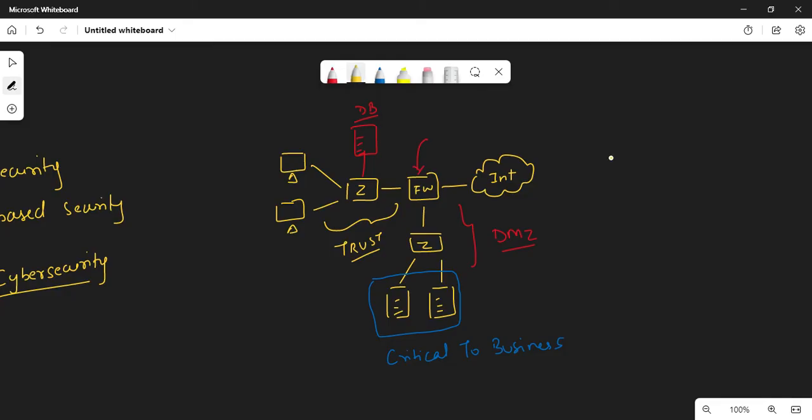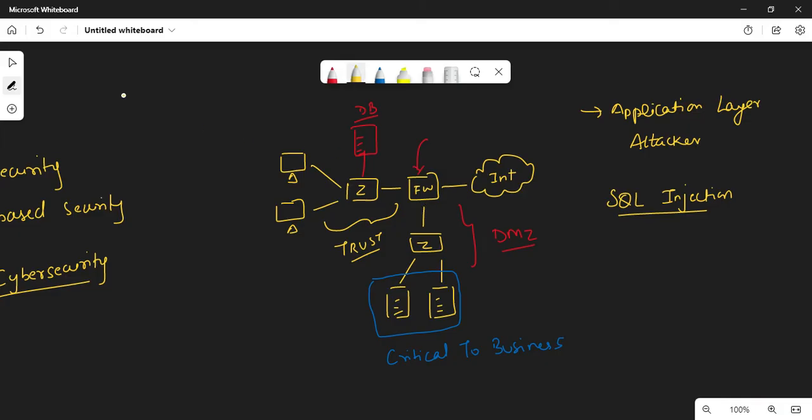When we talk about application layer attacks, what happens? See, if I'm going to do SQL injection, the firewall will be able to identify it.